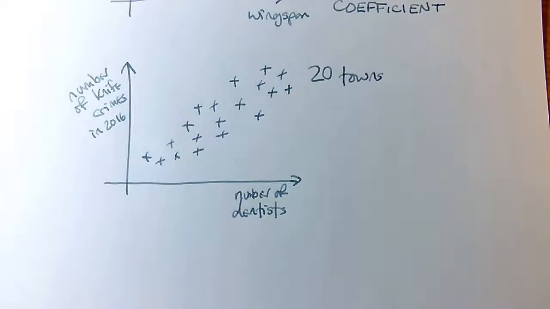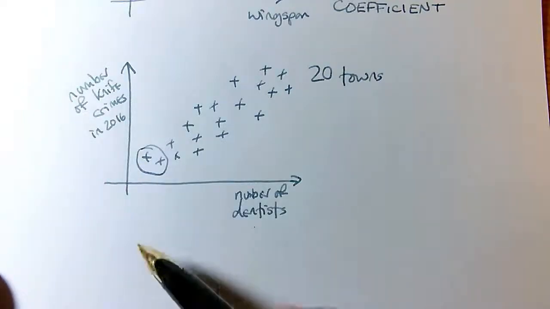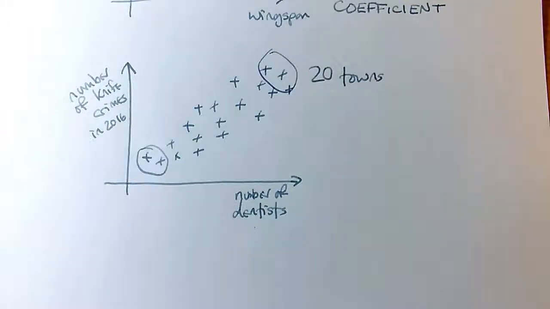Is dentists to blame for the knife crime? I don't think so. I think that these towns here are small towns, so they don't have much knife crime, they don't have many dentists. These towns here are big towns, so they have lots of dentists and they tend to have more knife crime. So you've got to watch out. Just because there's a correlation doesn't prove that there's any causation.